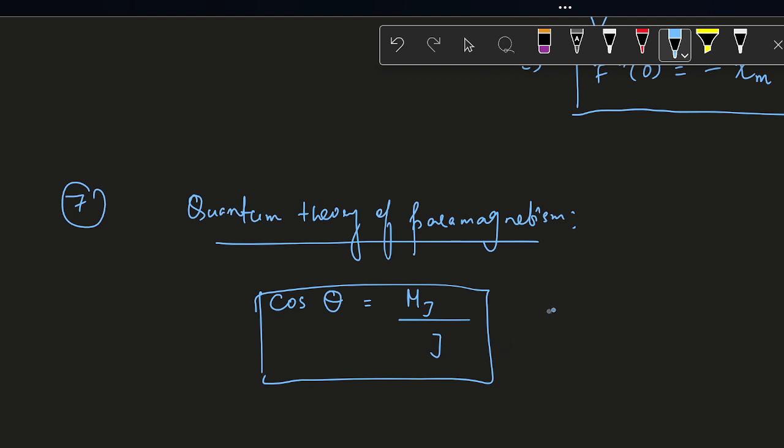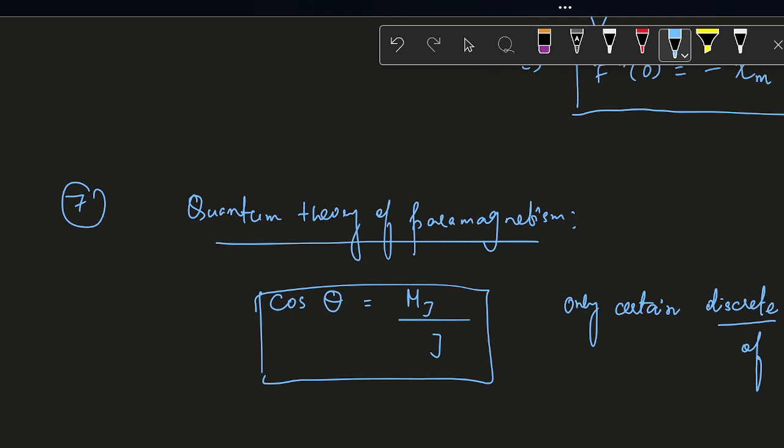This is what we start off with, where theta comes in because in quantum theory you have only certain discrete orientation angles theta of atomic dipole moments with respect to your applied field's direction. This word, discrete, is very important. In classical theory everything is continuous and all values are allowed, but in quantum theory there are only some discrete allowed values.